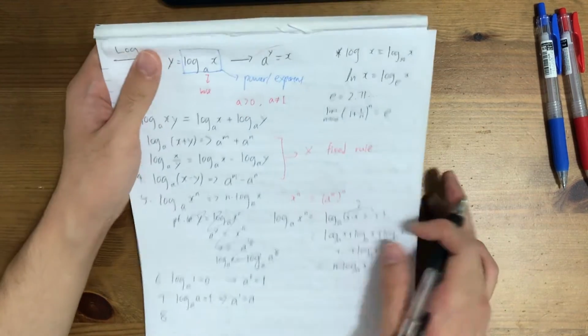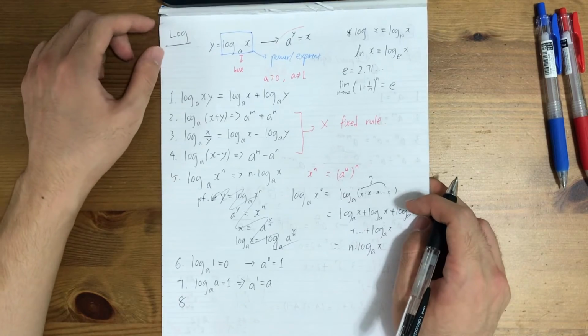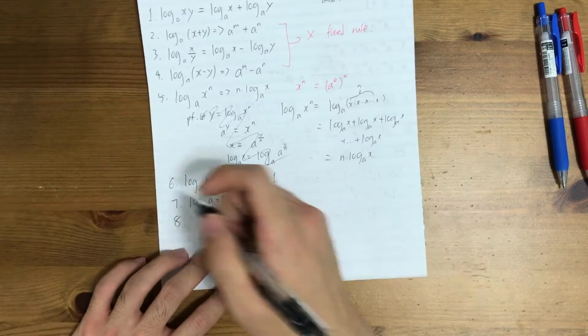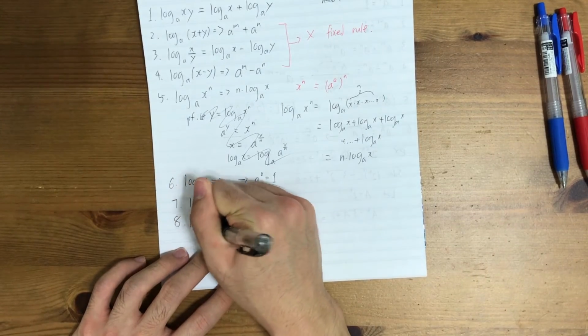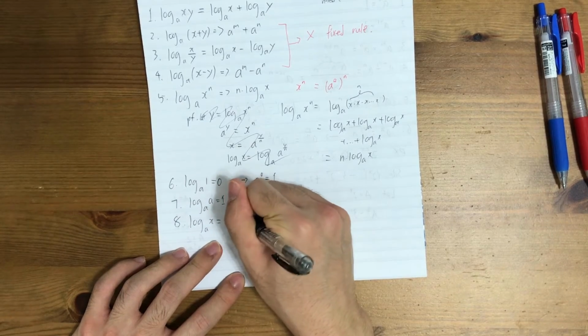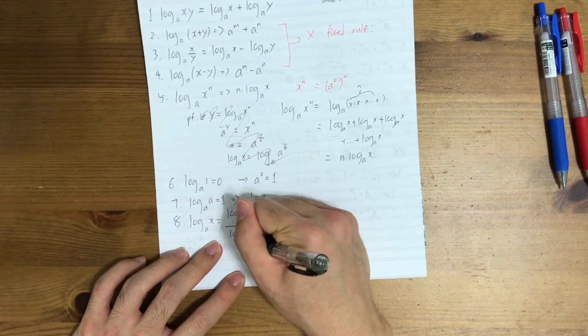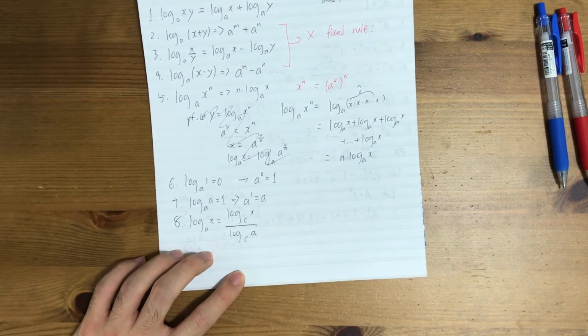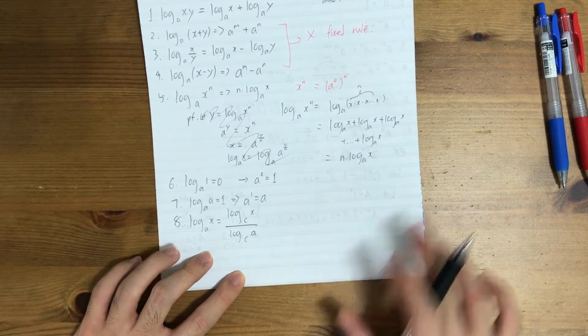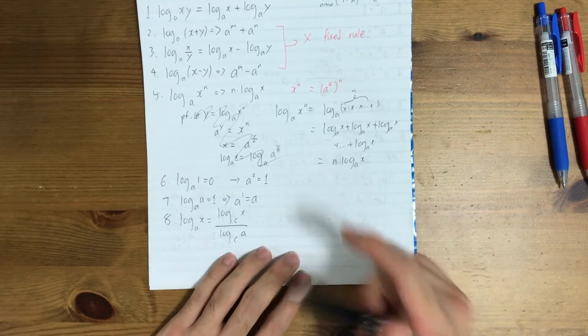8, we have, alright, so in the case where we don't like the base, then what can we do? Then we can change the base by writing it as a fraction. And why does this work?